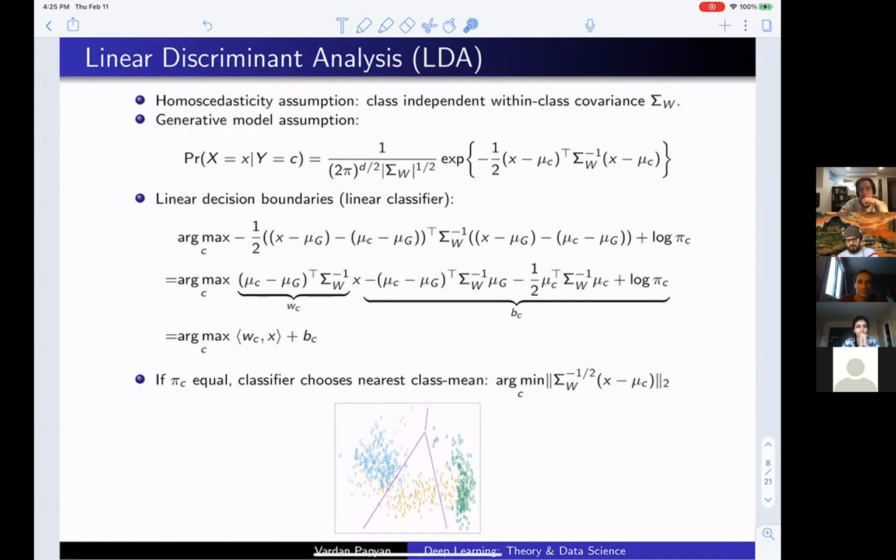Now, this is equivalent to assuming that your generative model is the probability of the example given the class is this thing that we've seen previously, except now you can see here the within-class covariance, which does not depend on the class, right?